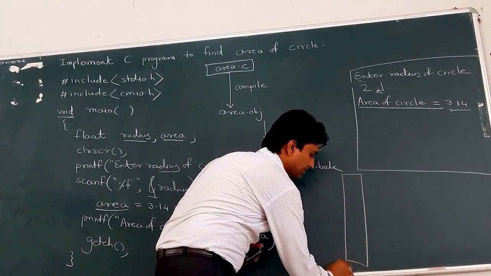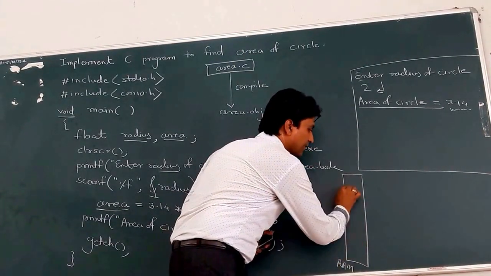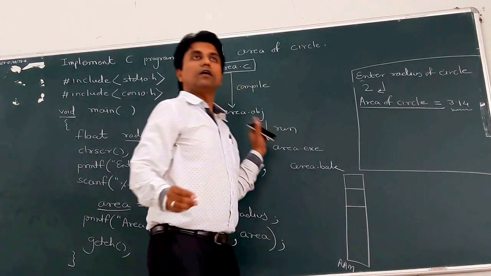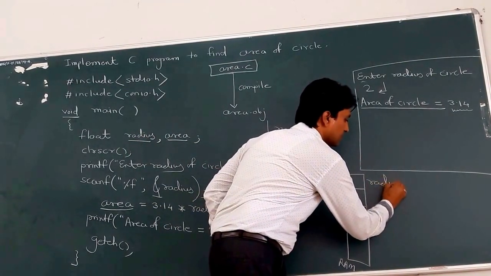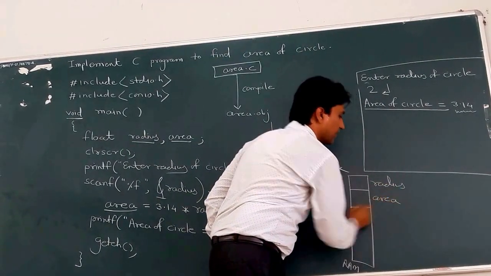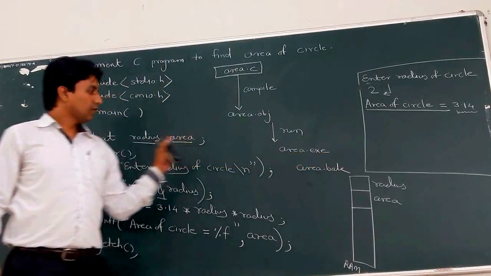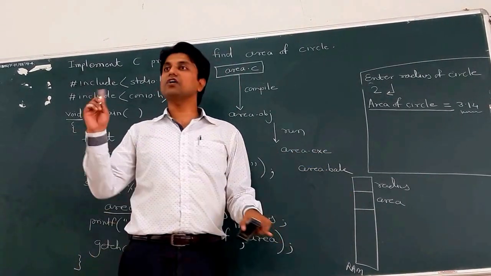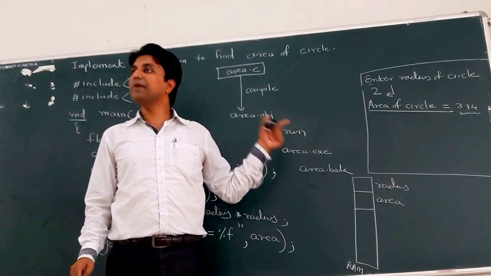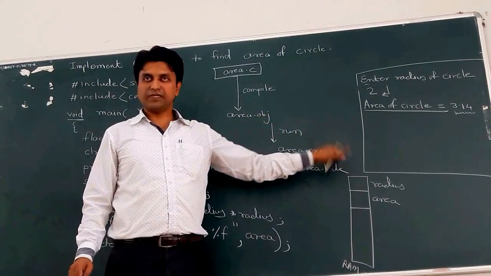So on the RAM, on the stack partition, there are 2 variables, radius and area. Memory for these 2 variables is allocated prior to execution. It is called compile time memory management.